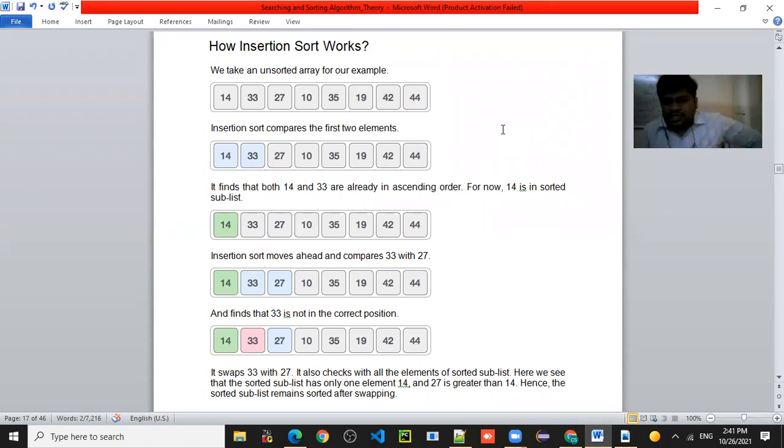So in the unsorted array, how many elements are there? Eight elements are there, right? Someone please read out the elements.